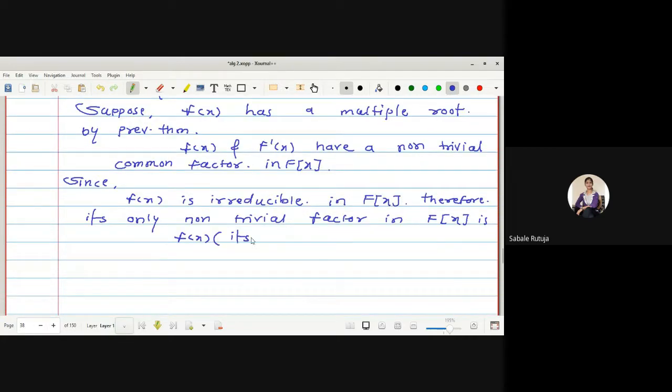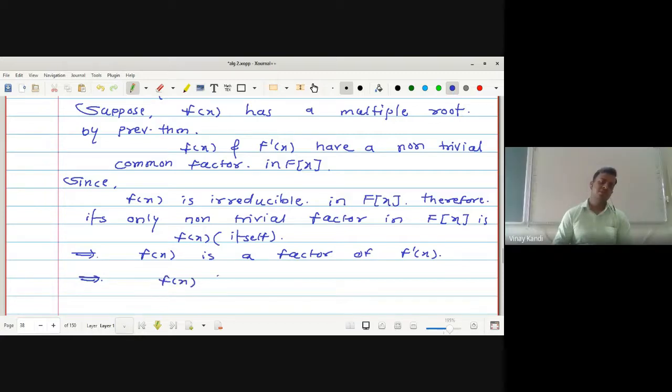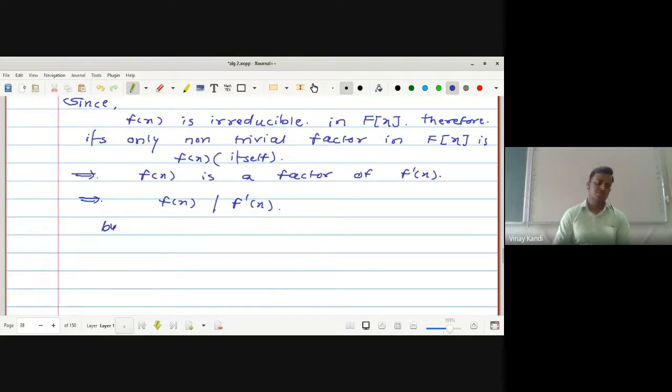So this implies f of x is a factor of f dash of x. So f of x divides f dash of x, but the degree of f dash of x is less than the degree of f of x. So this implies f dash of x must be the zero polynomial.